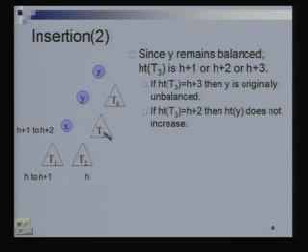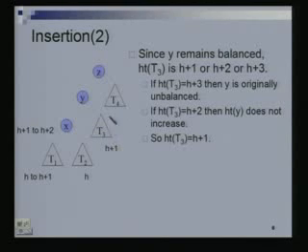If it is h plus 2, then that means that the height of y has not increased, right? Because if this was h plus 2, then the height of y originally was h plus 3, and it would still remain h plus 3. So the height of T3 cannot be h plus 2. So the height of T3 has to be h plus 1.